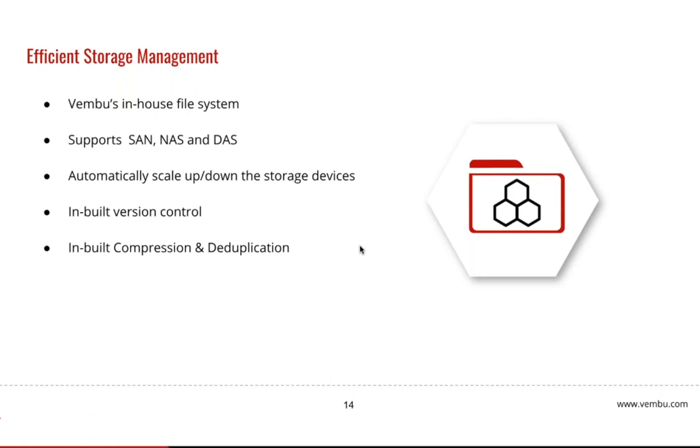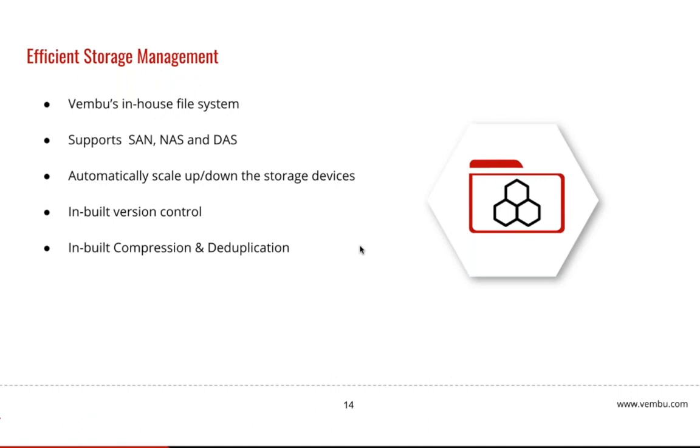And with the help of Vembu's deduplication and compression, the data will be reduced. I mean, you can see up to 30 to 70% of storage reduction. So you don't need to worry about keeping much data at your storage target. And again, with the help of Vembu's retention policies, you can eliminate the data based on your configurations.